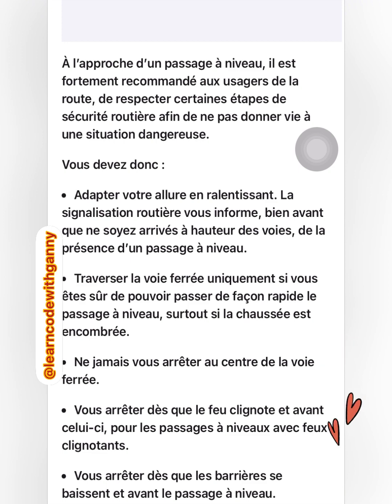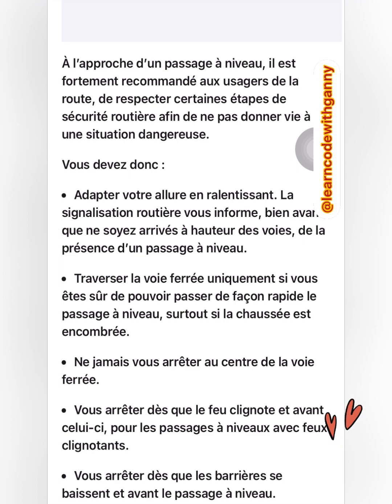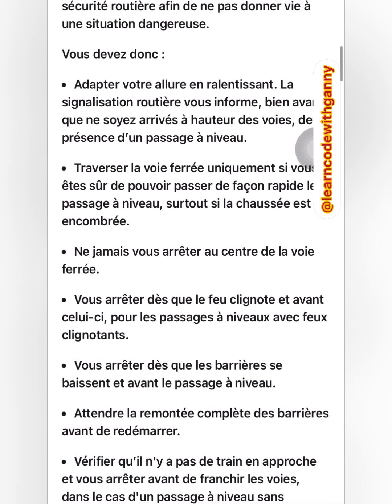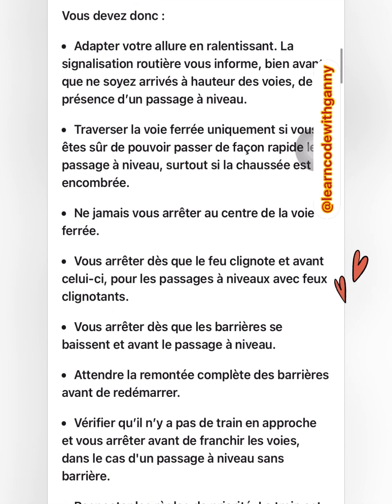Four, stop as soon as the light flashes and before it, for level crossings with flashing lights. Wait for the complete rise of the barrier before restarting. Check that there is no train approaching and stop before crossing the track in case of a barrier-free level crossing.